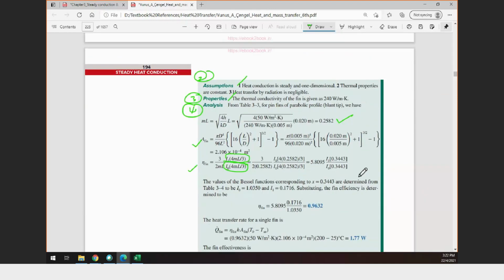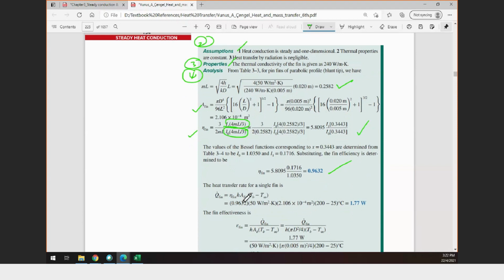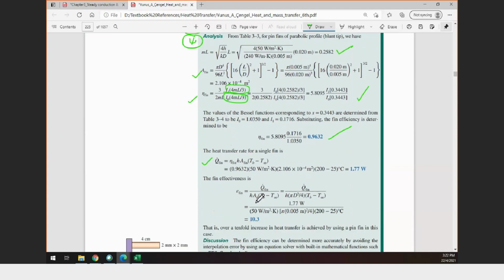So you use it for the fin efficiency, then you can get the value 0.96 or 96%. Next you calculate the actual heat transfer rate, and you can calculate the fin effectiveness.